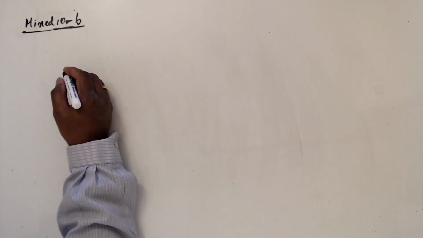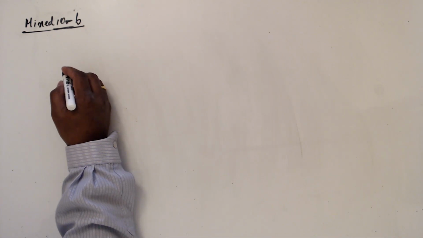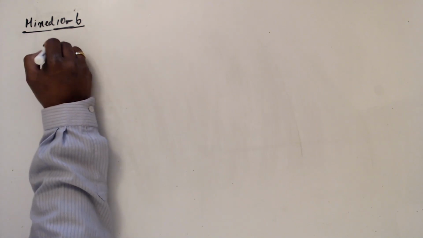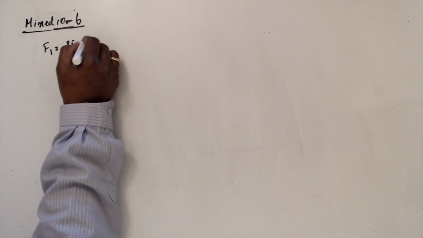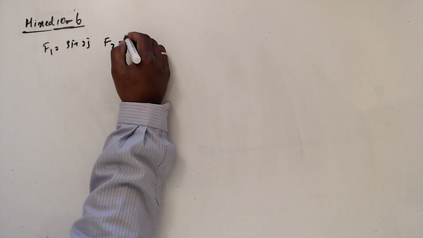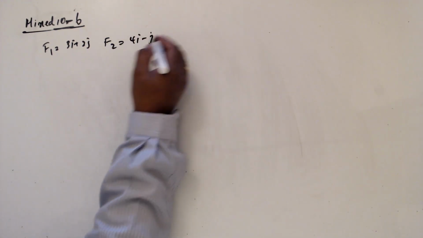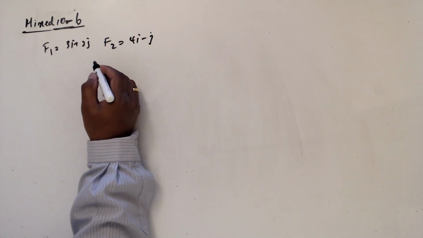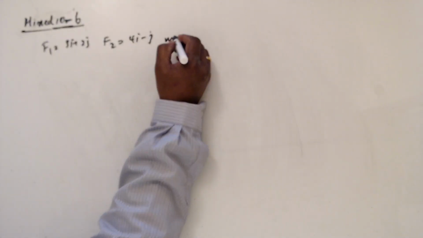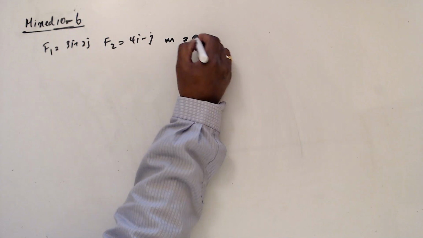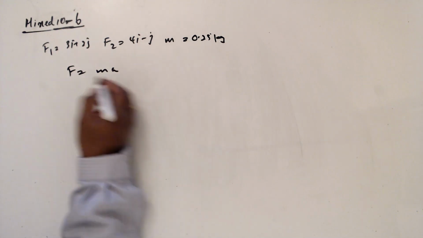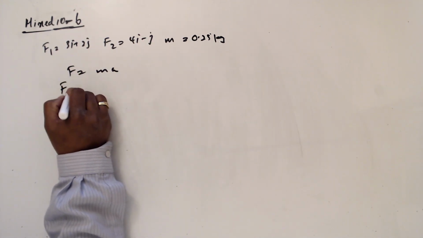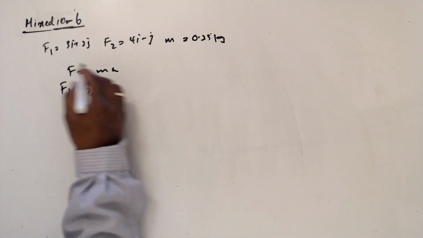Question number 6. Forces of 3i plus 2j and 4i minus j are acting on a particle of mass 0.25. Find the acceleration. So we'll take F1 as 3i plus 2j and F2 as 4i minus j. So this is acting on the particle with mass given as 0.25 kg. So F equal ma, where F means there are two forces F1 and F2 in vector form.